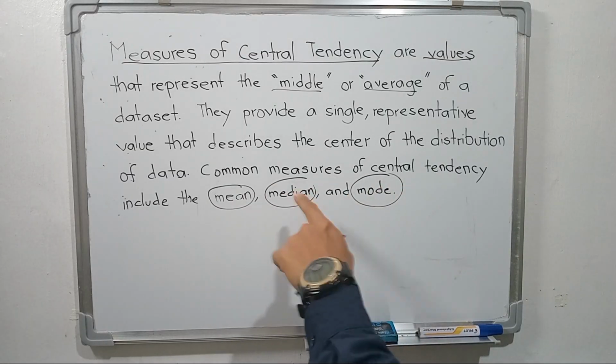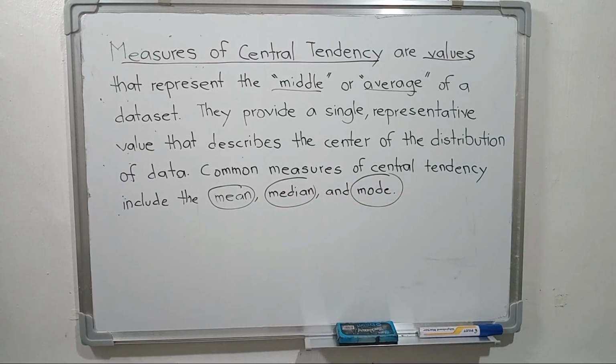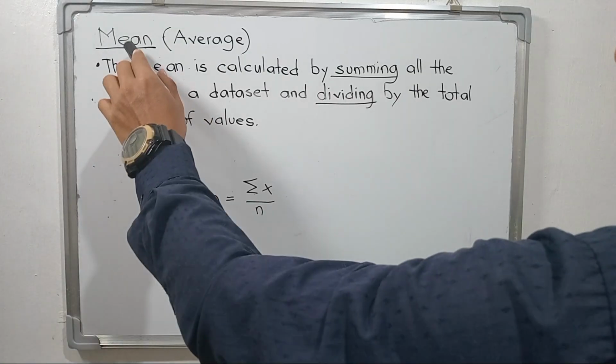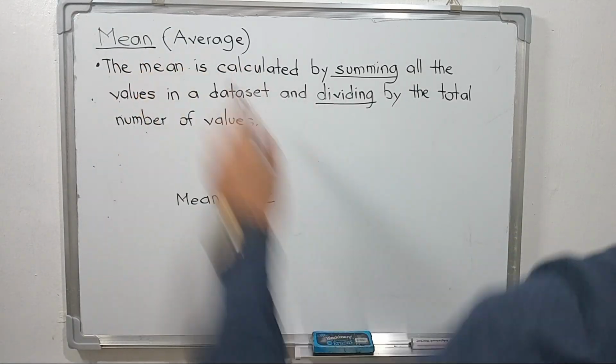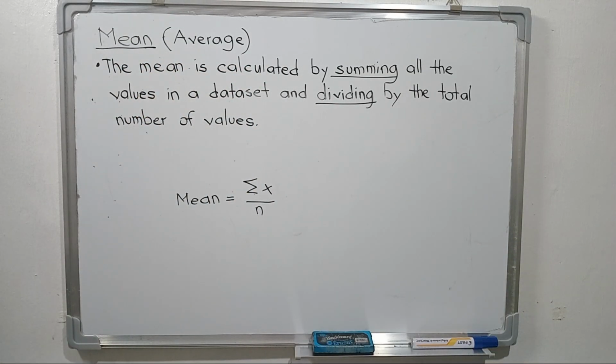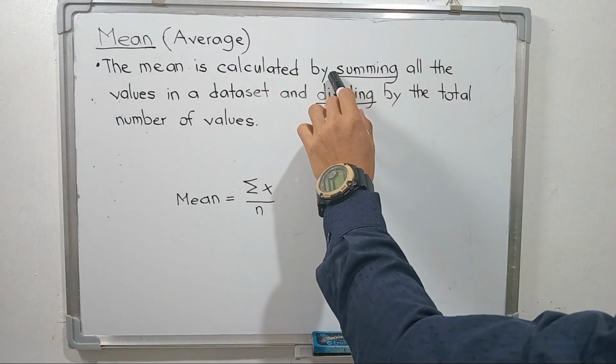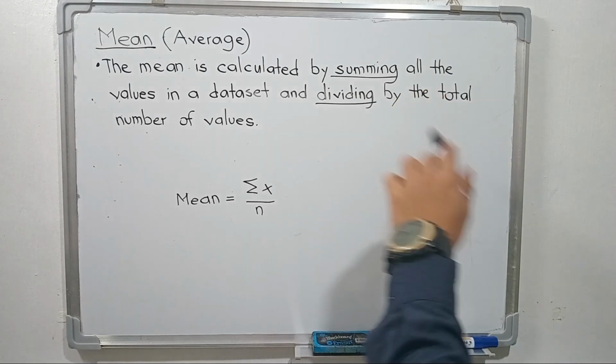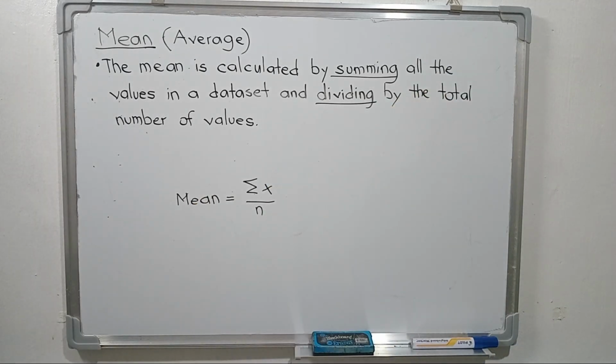We're gonna talk about these three concepts in this video, and we will start with the mean. The mean, also called the average, is calculated by summing all the values in a dataset and dividing by the total number of values. To solve for the mean, we will use this formula.